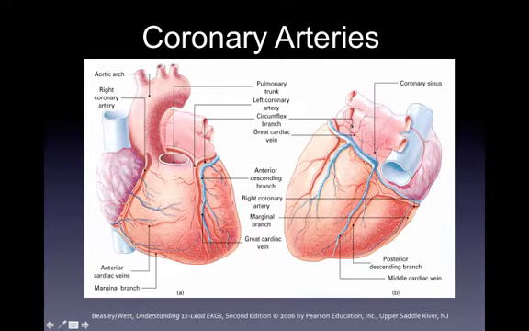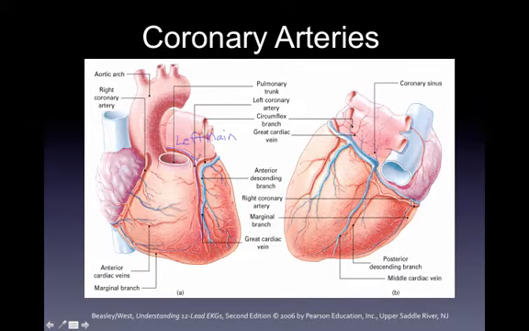Alright, this section right here is called the left main. It also has other names. It can also be called the proximal portion of the left anterior descending artery, since it's pretty much lined up with the LAD.